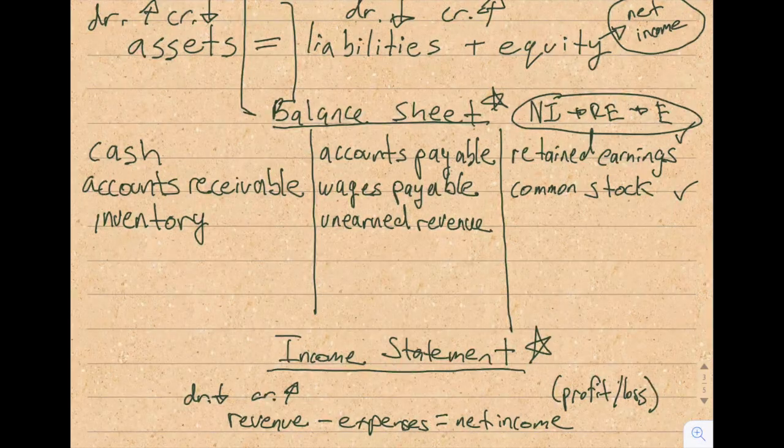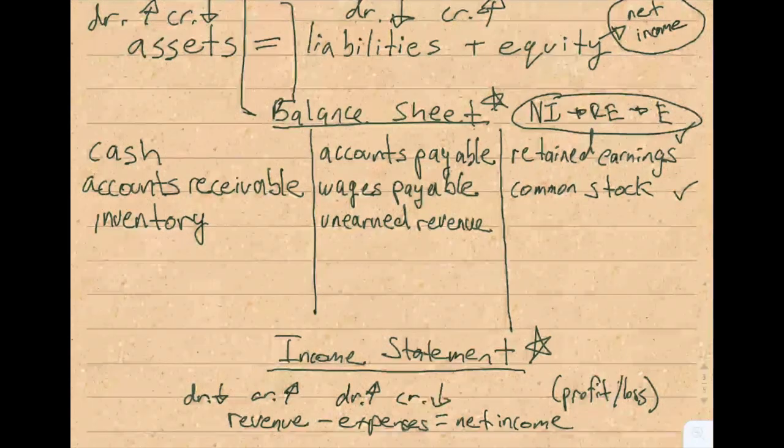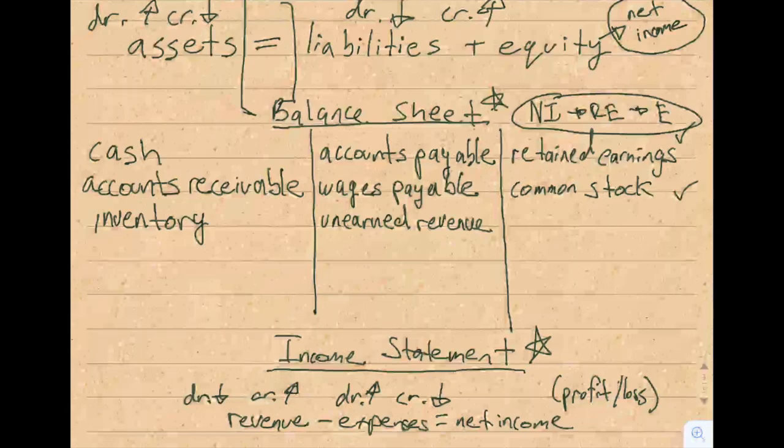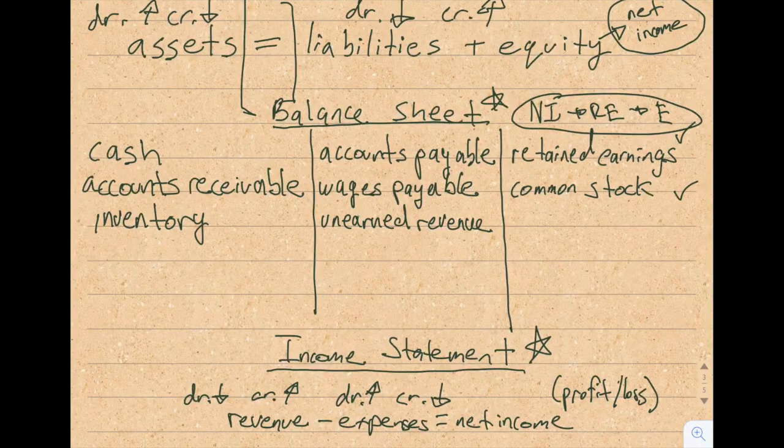Okay, and expenses are just going to be the exact opposite, right? You debit the expenses, they go up. If you credit expenses, you're decreasing your expenses, they go down. And that makes sense because with expenses, if I'm debiting expenses for 100, for example, that net effect is going to be to decrease equity, right?